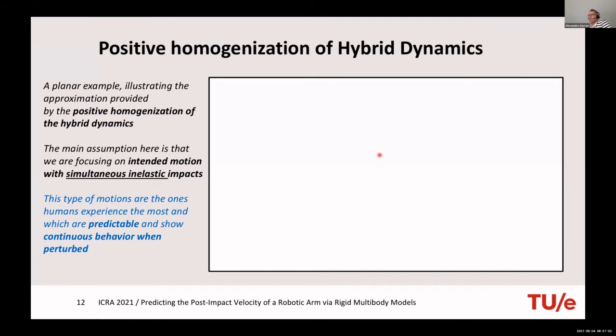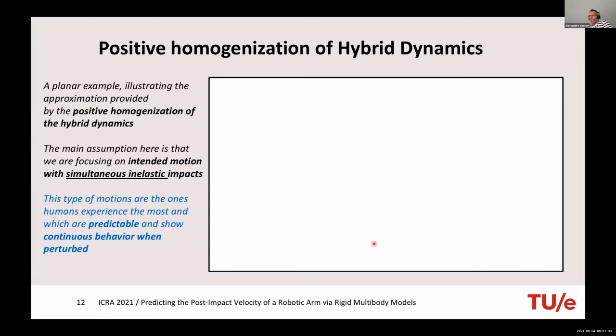So just to show you what this positive homogenization allows us to do, I have a small video here. But the message I want to convey is that we are really focusing on intended motions with simultaneous inelastic impacts. And these types of motions are also, I think, the ones that we experience the most as humans. If I give you a pen and let it drop on a table, there will be rebounds.